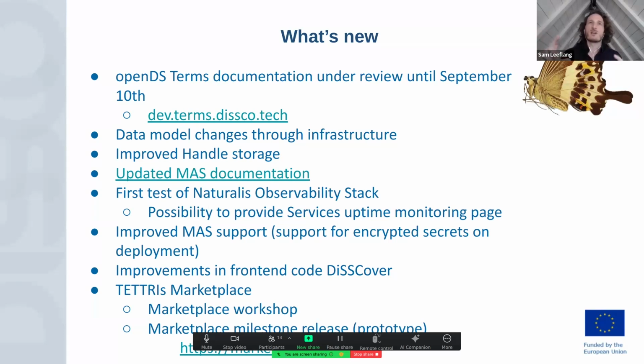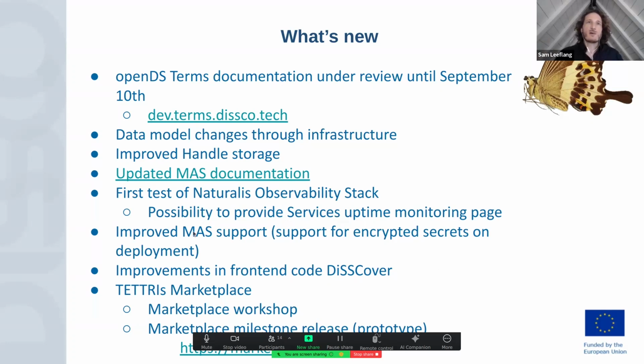This is also something we needed for the communication with Minnet, and we are expecting that this is a requirement for other infrastructures as well. So we put it in place. And the Naturalis observability stack also gives us the possibility to create service uptime monitoring pages.